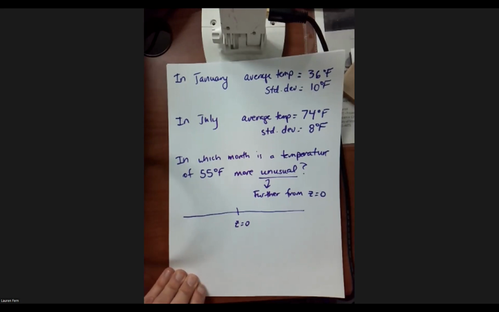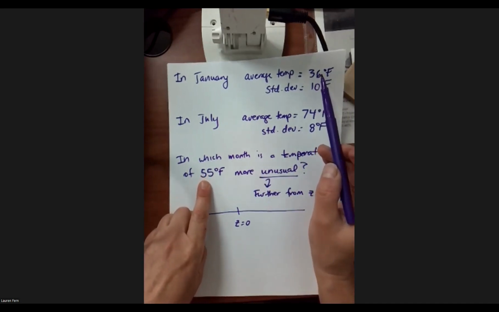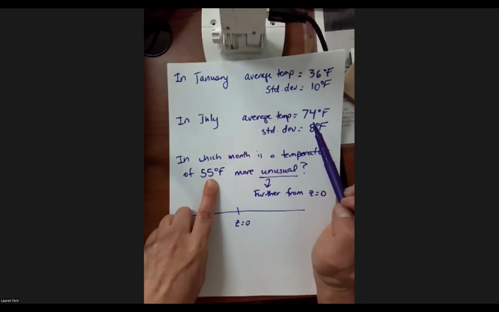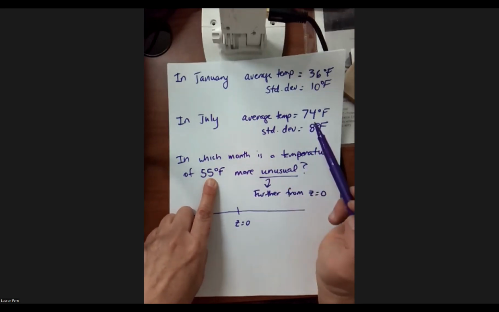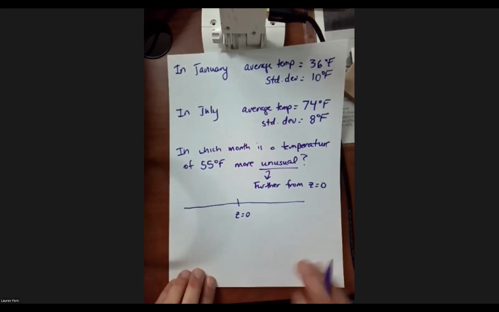No, it's not the same. I wrote the problem so it wouldn't be, but I like how you're questioning it. Notice 55 in January is going to give us a positive z-score because it's higher than the average temperature, whereas 55 in July is going to give us a negative z-score because it's a lower temperature than average. So what we want to know is which one's further away.